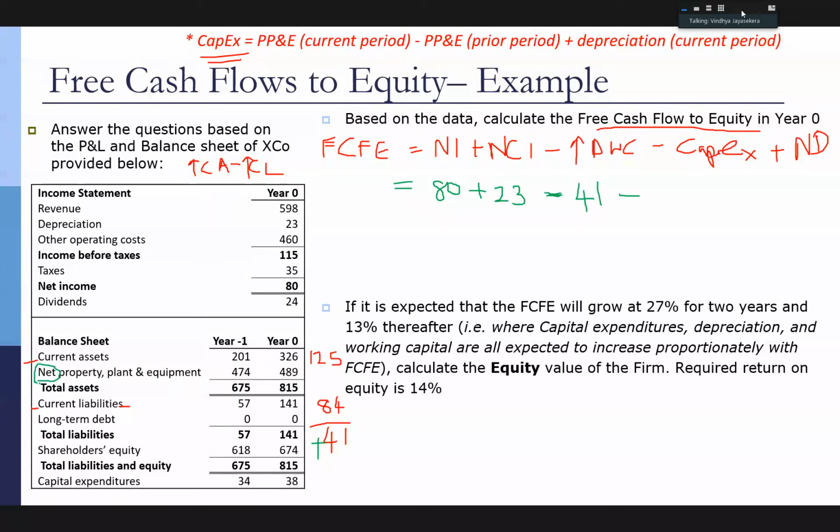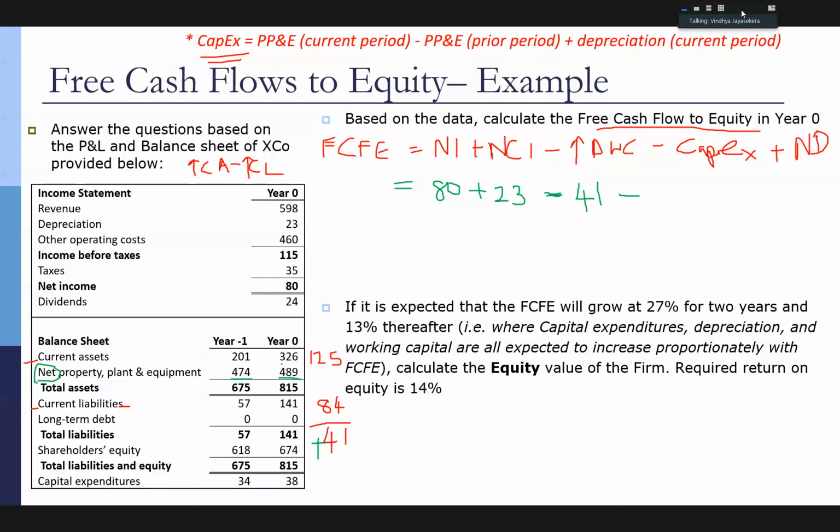If it was the gross property, plant, and equipment, meaning the actual value of the buildings, then you can just take the difference and you have your answer as to how much money you have spent to buy that other building this year, right? If last year you had buildings of 474 and this year you have purchased some buildings, so now the total value of all your buildings or machinery is 489.